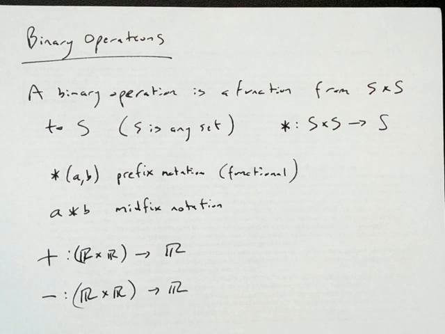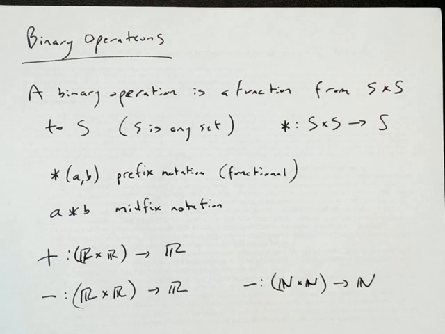But what's wrong with that? Yeah? There's an exception to the rule. If you subtract 2 from 1, you get a negative number, which isn't in the initial set.